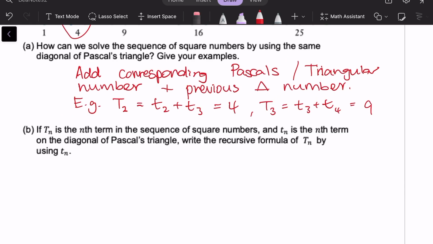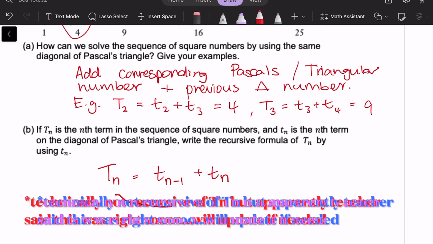Question B is literally using the same notation, same everything, but they want us to write it in mathematical terms. Write the recursive formula. So if you look at what we did in A, we can generalize this to Tn equals Tn minus 1 plus tn, right?